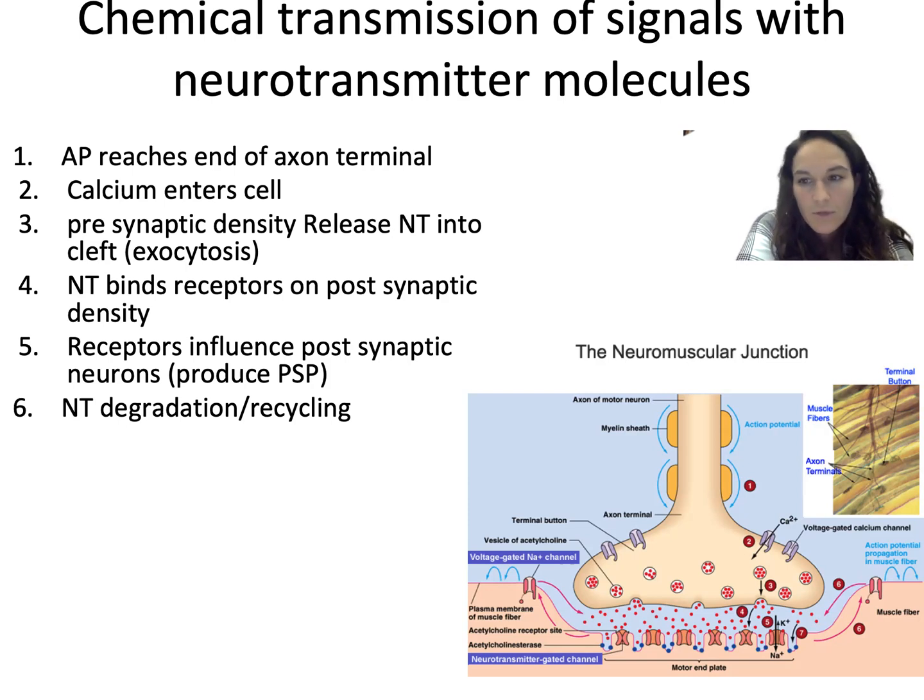And because there's a concentration difference across the membrane of the intracellular and extracellular compartments, calcium rushes into the cell through these voltage-gated channels.